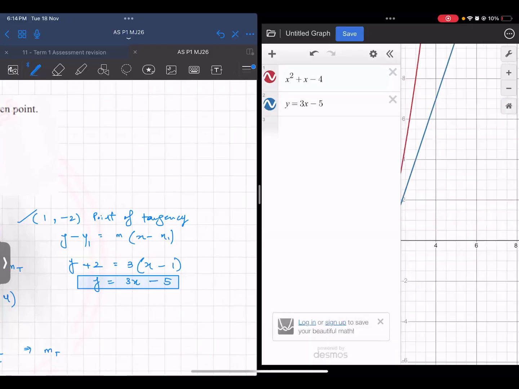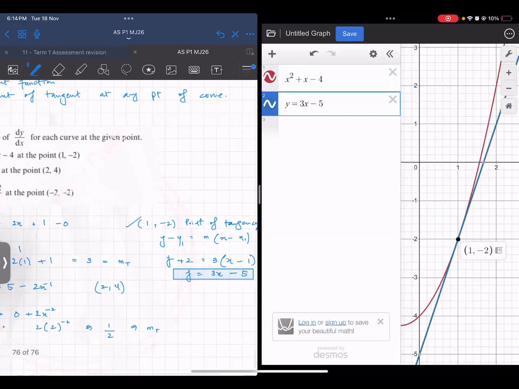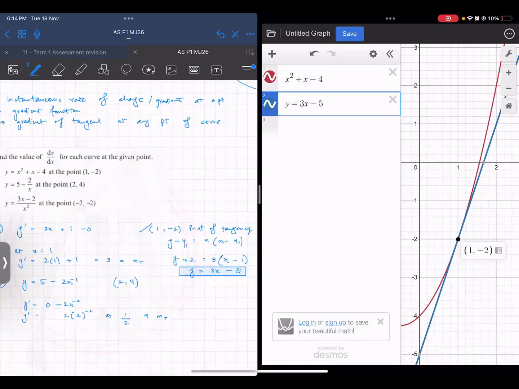So you can see the blue line is the tangent, and the point of tangency is the same, 1 comma minus 2. So you first of all use the derivative to get the gradient of the tangent at that point, and then you already have the point, and now you have the gradient as well. So you use the equation of a line and get the equation of the tangent. The tangent is a straight line, so that's why this is it.